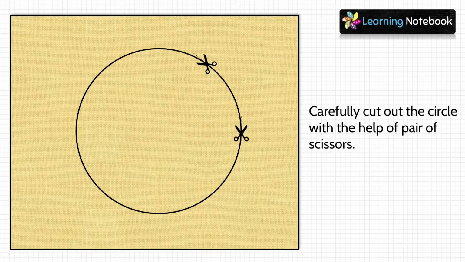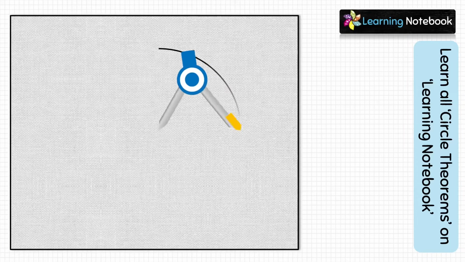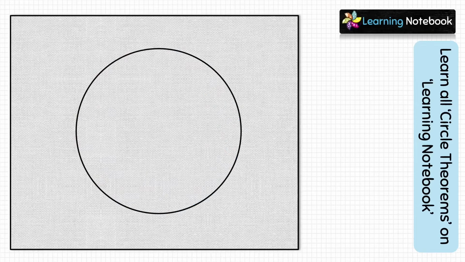And then we will carefully cut out this circle. In the next step, take a white colored sheet and this time draw a circle of 4 cm on it. Then carefully cut out this circle.